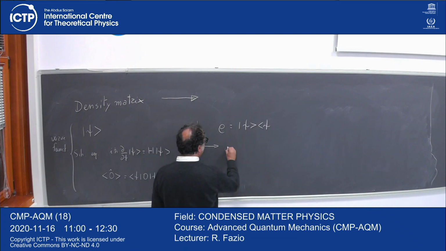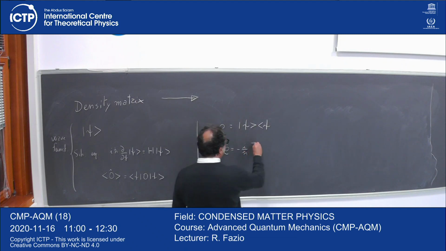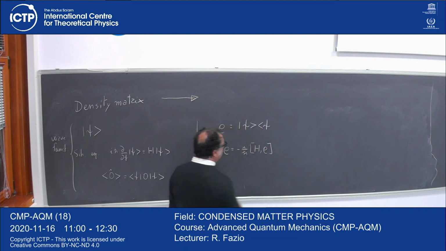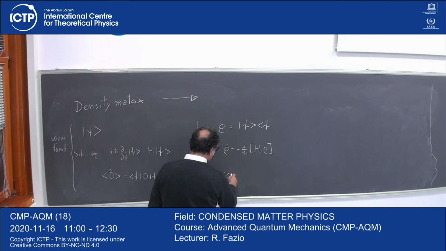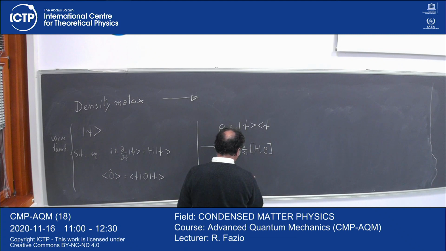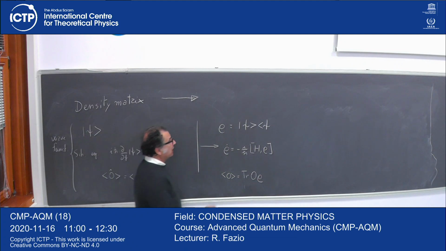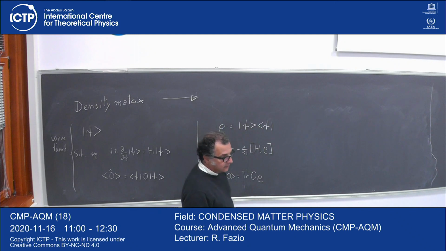Instead of the Schrödinger equation, you have that dρ/dt is equal to minus i over h bar, the commutator of rho with the Hamiltonian, and the average value of any physical observable is just the trace of O times rho. Now, I just remind you that rho is an operator, okay?